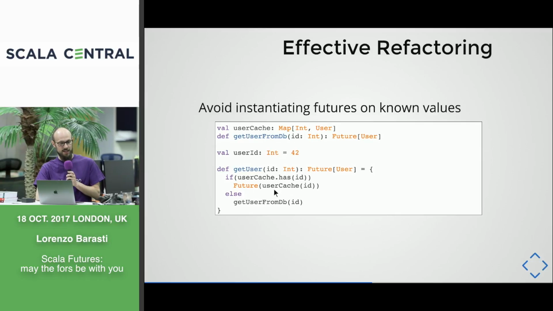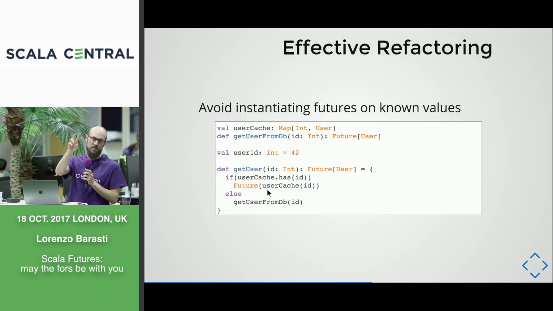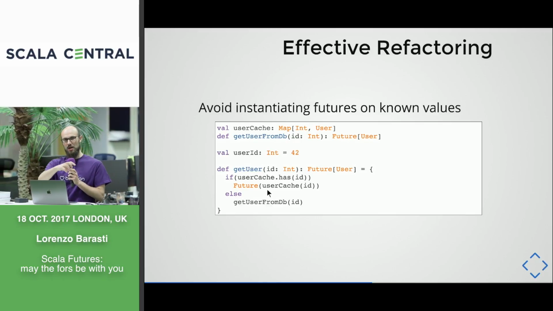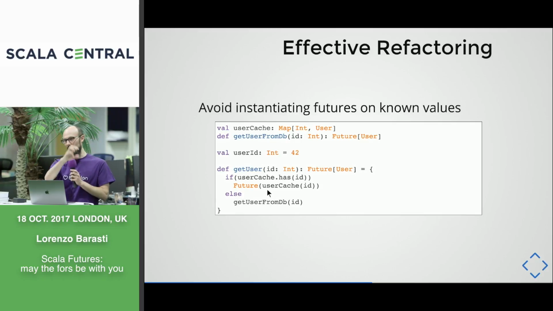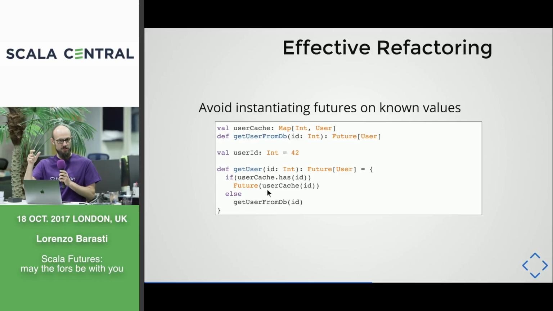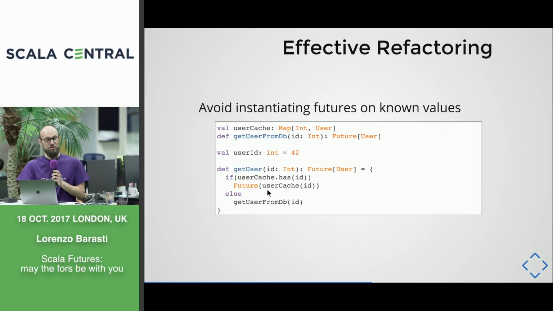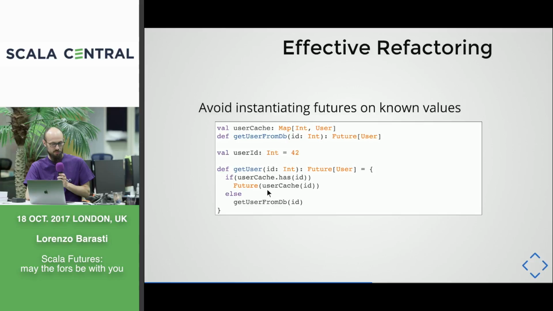Now, this is a very bad idea, because wrapping anything into a future constructor, into the apply method, will spawn that mechanism that we saw earlier, where a task will be created and passed to the execution context, and then the execution context will have to give some time to threads to run that particular task, even if it's an already computed value. So you should avoid doing that. That's just making your application slower.